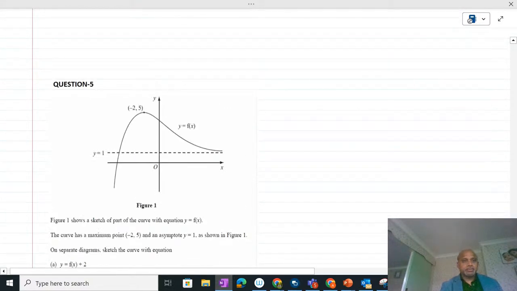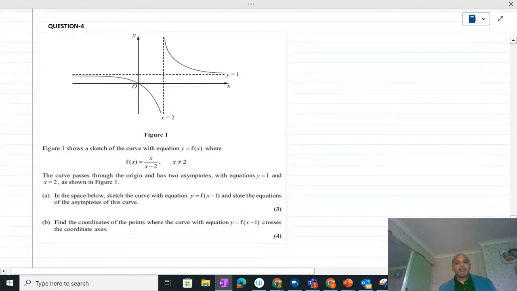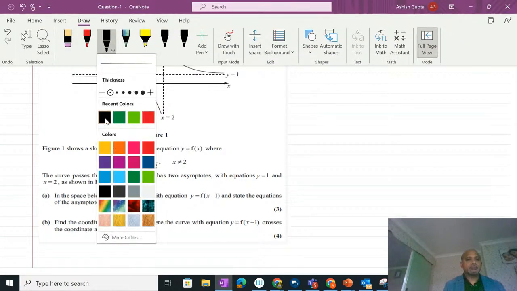So the next question is question number 4. Here it is. Please try this question. I'm giving you 2 minutes. Here we have asymptotes, an examiner's favorite question, very important. And they all are past exam questions, whatever I'm doing. Okay, please do it now.